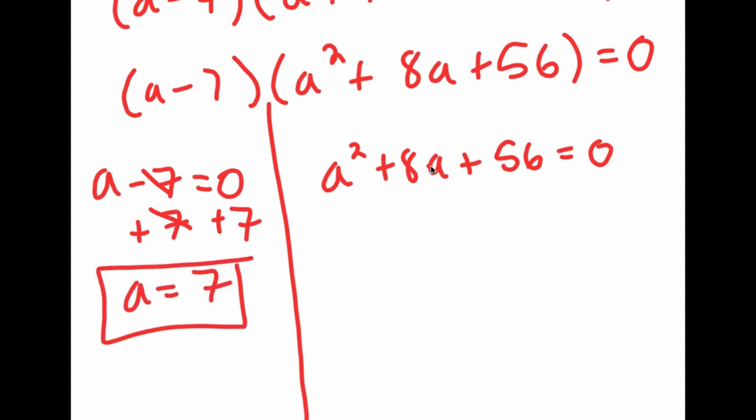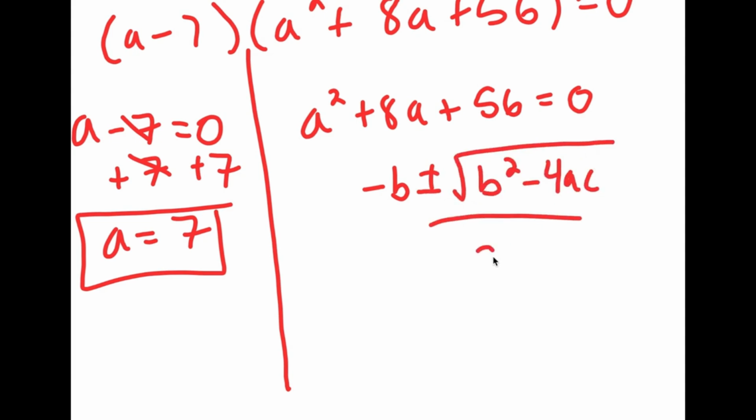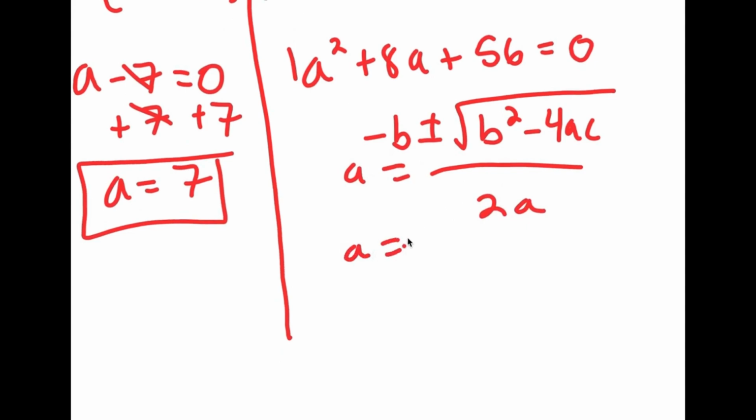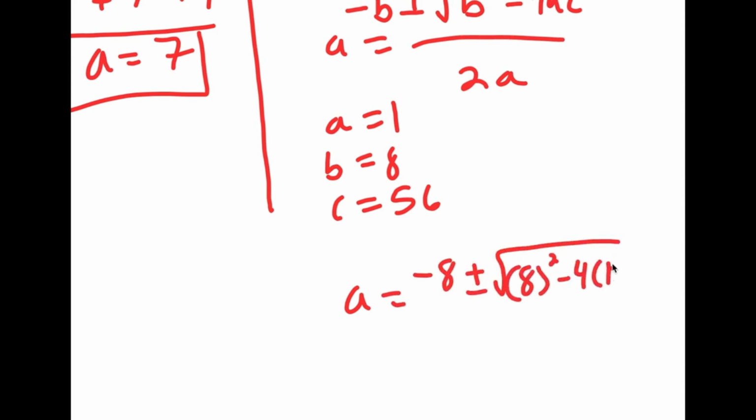And for a squared plus 8a plus 56 is equal to 0, I can use the quadratic formula, which is negative b plus or minus the square root of b squared minus 4ac all over 2a. So in this case, a is 1, b is 8, and c is 56. So I get a is equal to negative 8 plus or minus the square root of 8 squared minus 4 times 1 times 56 all over 2.